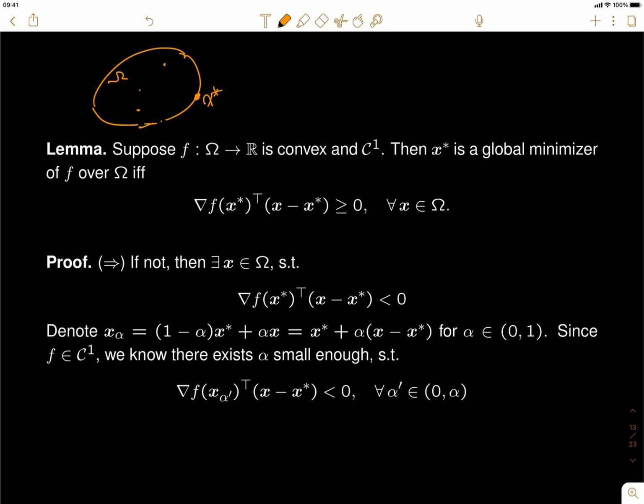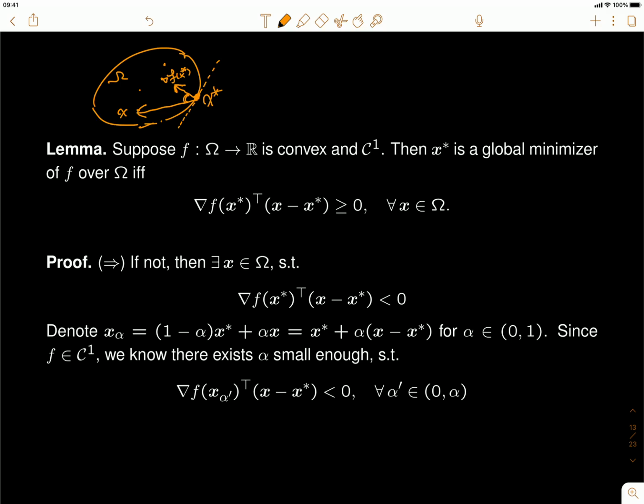The point is that if the gradient of f at x star is a vector like that, you can imagine that if I have x star like that, and it is taking the minimum function value, then my gradient is supposed to be in this direction. So this vector is showing the gradient of f at x star, and it will have an angle, say if I draw another point over here, this is the x. The angle between the gradient of f at x star and this x minus x star will be less than 90 degrees.